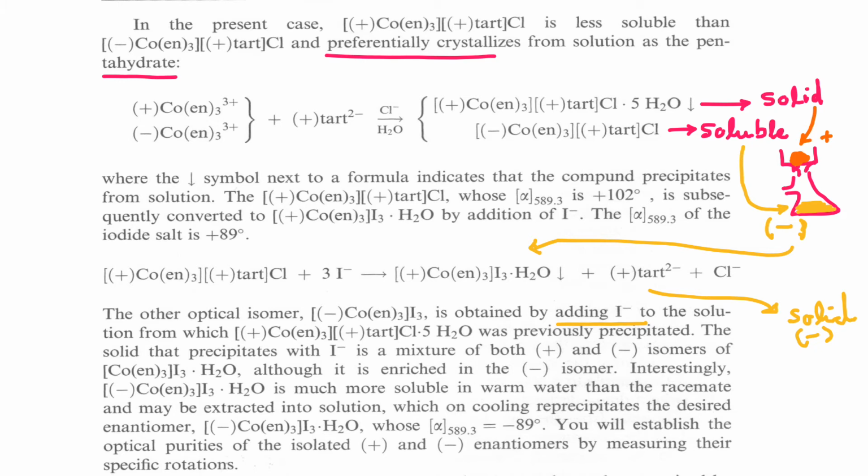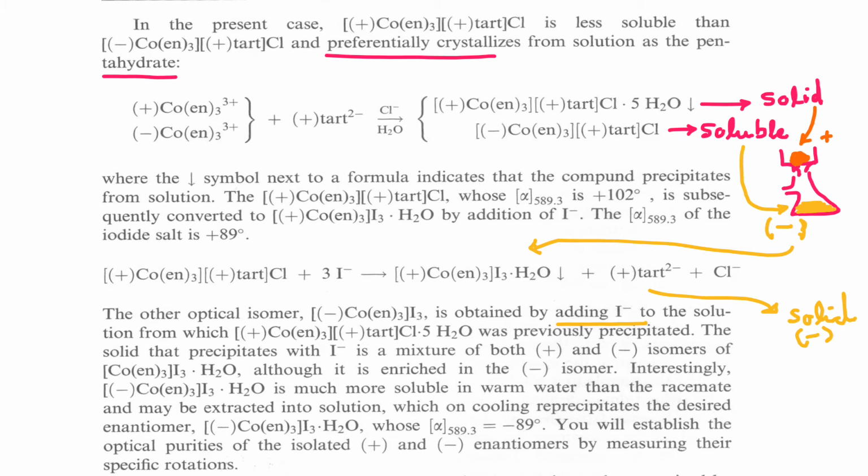Now when we react them with the plus tartrate, it works as a counter ion, as we said, and the plus isomer with the plus tartrate forms a solid complex, while the minus cobalt ethylene diamine isomer with the plus tartrate stays soluble in solution.